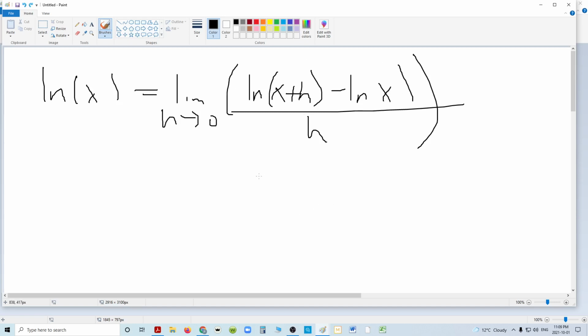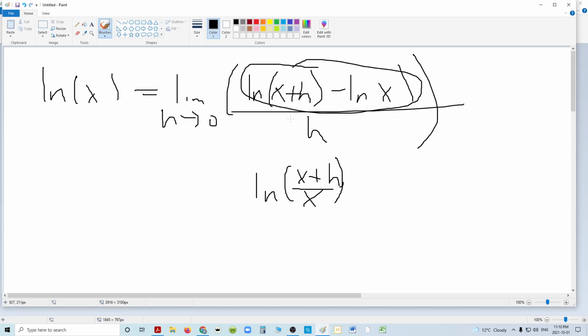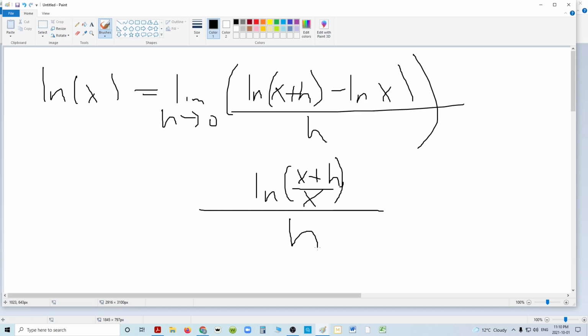I can rewrite that as ln of x plus h over x, which is this term divided by this term because I have two lns subtracting each other. All of it over h. Okay, well, that's a good step. And don't forget, we're looking for the limit as h reaches 0.